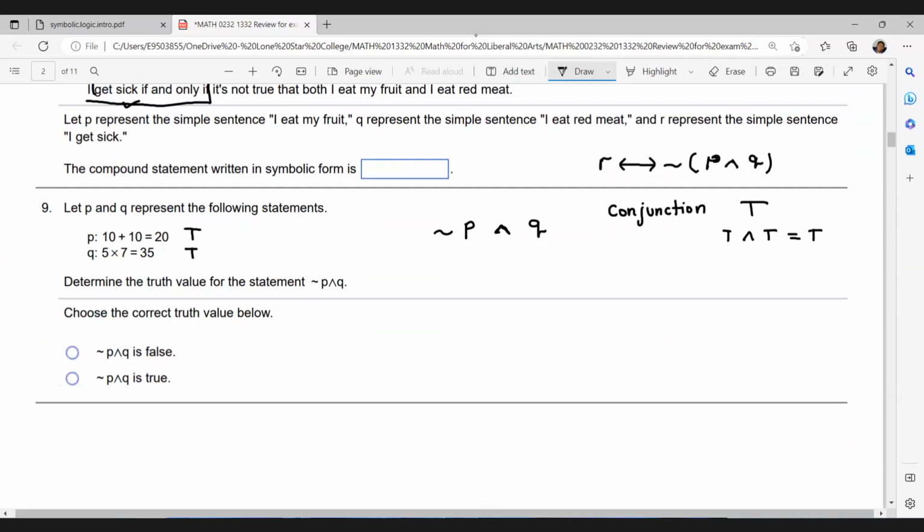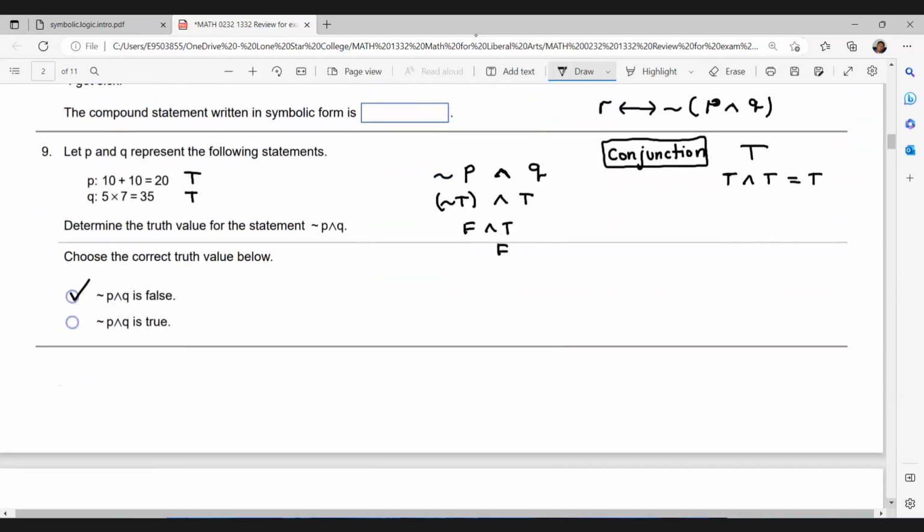That is the only way that we're going to get a true in a conjunction. So therefore, when we have the negation of a true, we could do that, I guess, mathematically. Negating a true becomes false, and false and true is a false statement. So therefore, we want to select that it is false. Okay.